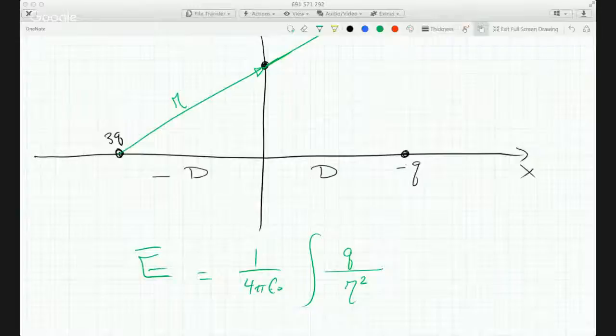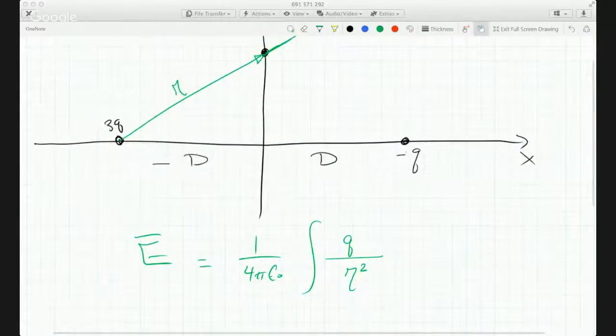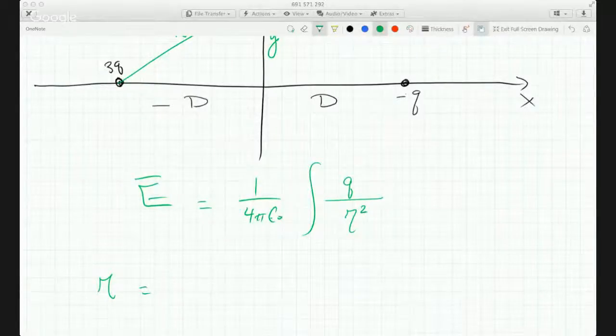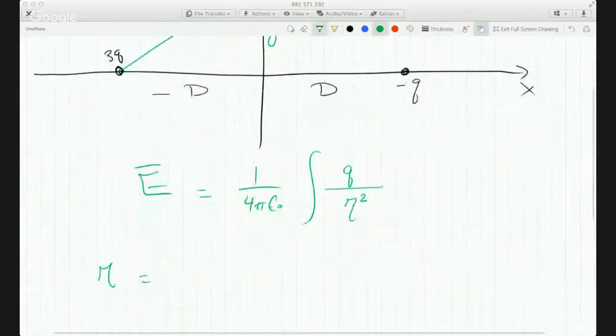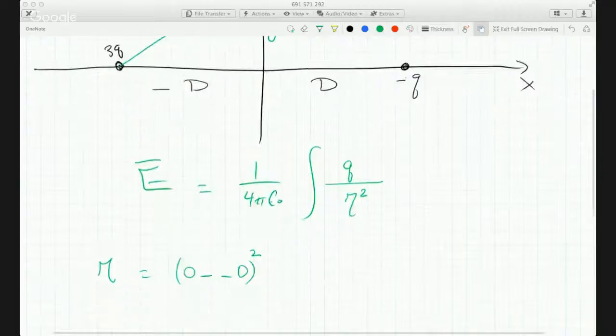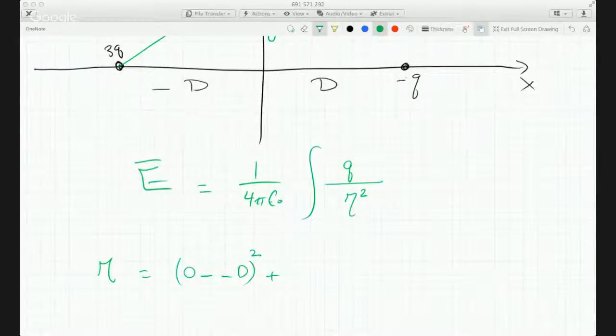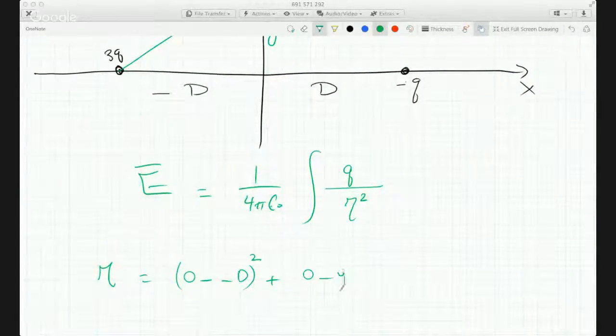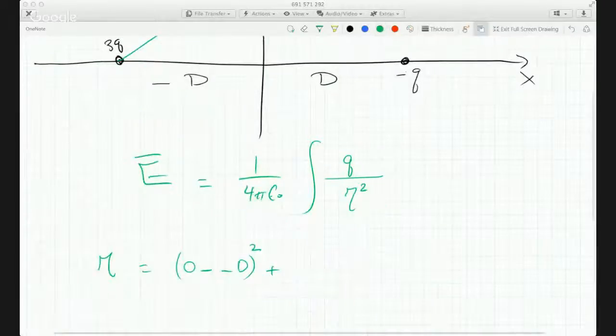In this case, for your separation vector, you can use the distance formula. It's 0 minus d squared, because the x is minus d, plus y minus 0 squared.